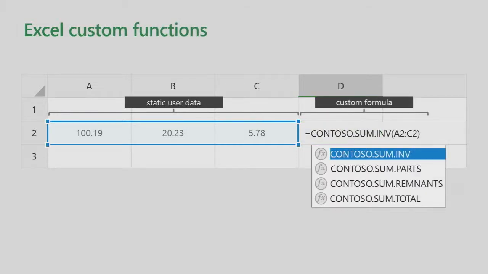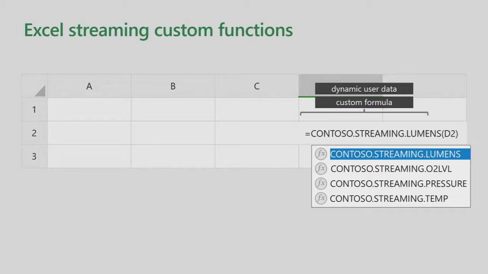So the next evolution, right, is custom functions. And this is something that you can do with COM add-ins. I guarantee that this is something that people have seen before. But it's an evolution, stepwise, of a standard formula that you create using your own ideas, your own IP. Where we're going now is into this idea of using streaming functions.